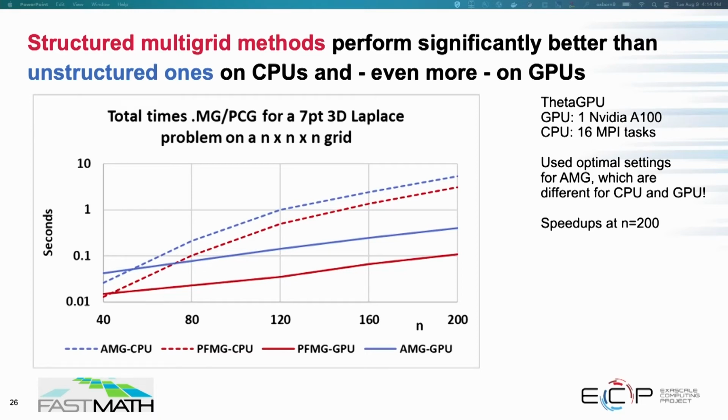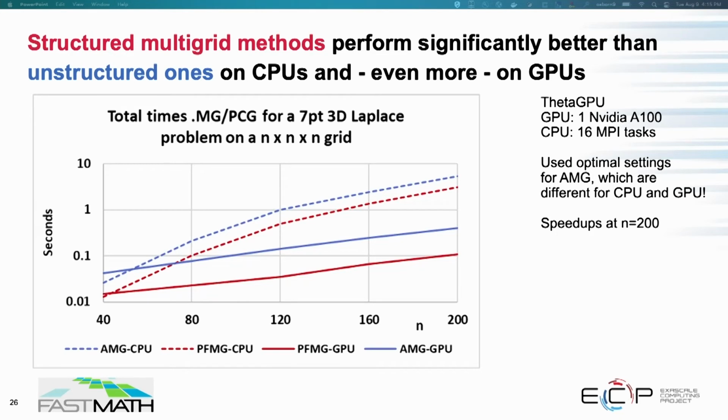Note that these experiments were performed on Theta GPU. This is the same compute nodes that y'all have been using for your hands-on today. For the GPU, we were just using one NVIDIA A100 GPU, and for the CPU, we were using 6 MPI tasks.